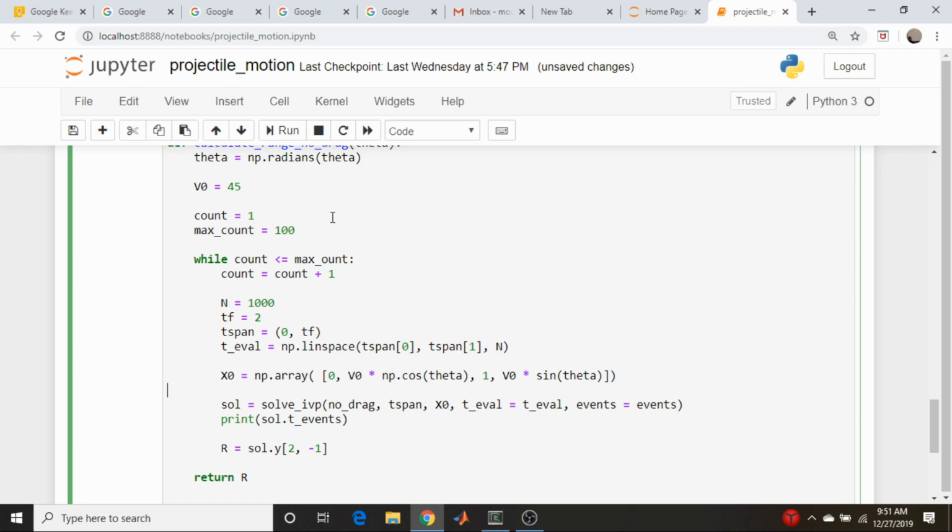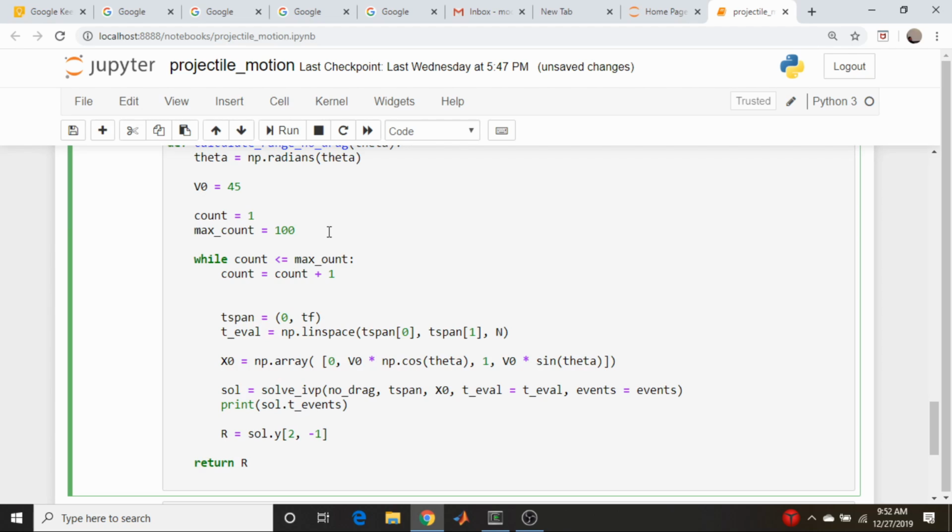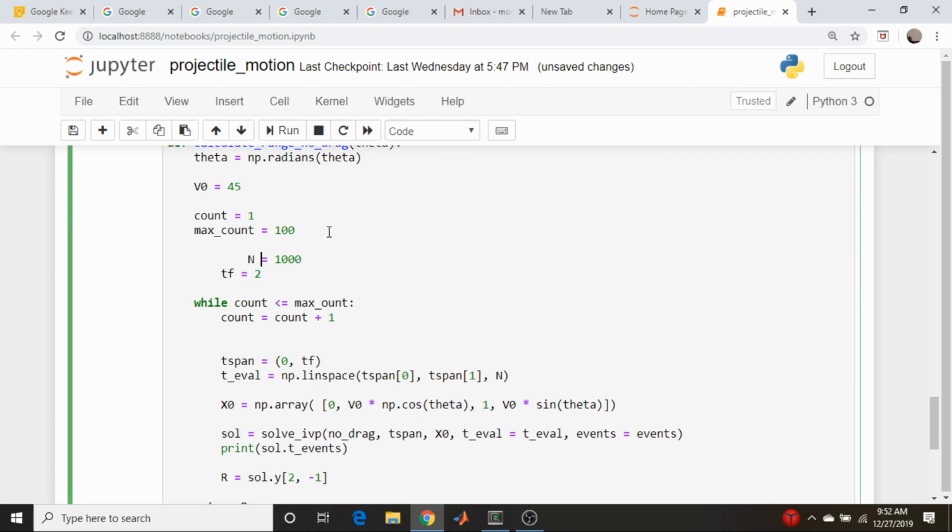Okay. And actually, let's see. These are initially going to have to be outside of this loop. So we go up here, paste them in. Something went wrong.